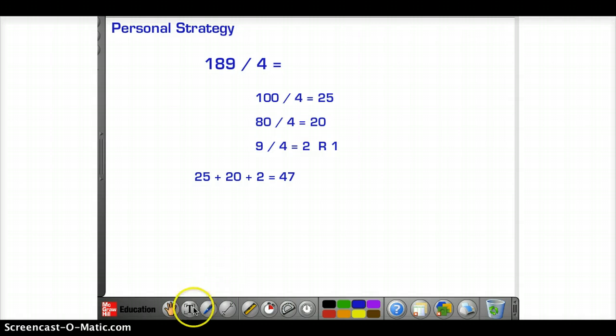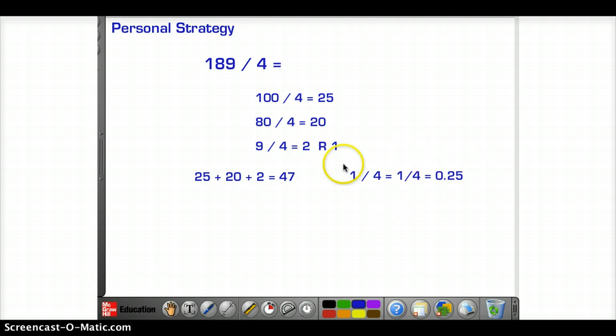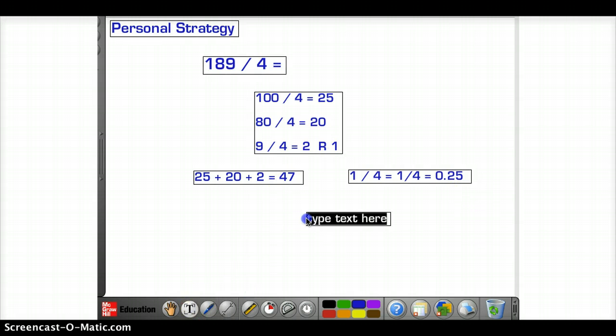Now what we still can do is divide that remainder by 4, and we will get 1/4, which also equals 0.25. So essentially we have two answers that are both equal.